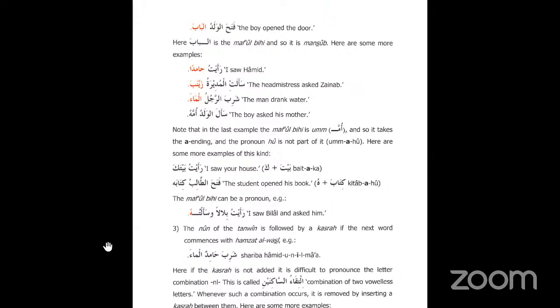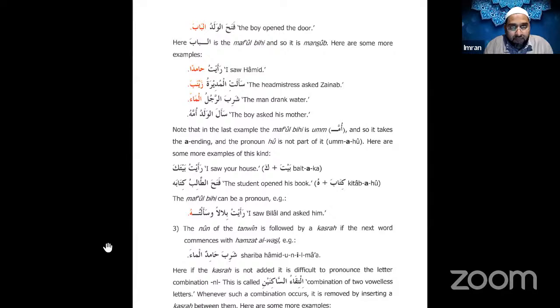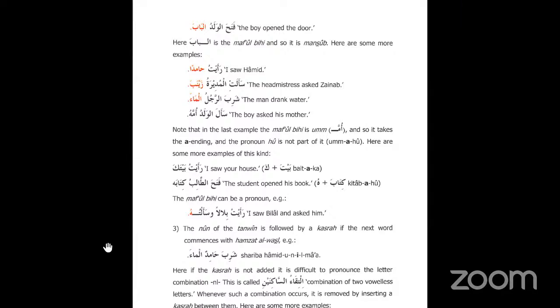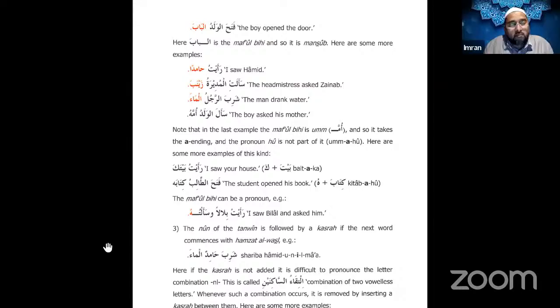Sharibar rajulu al-ma'a. The man drank water. Sa'ala al-waladu ummahu. The boy asked his mother. Excellent. Shall I carry on? Yes, if you finish this paragraph off, then I'll bring someone else on the mic.